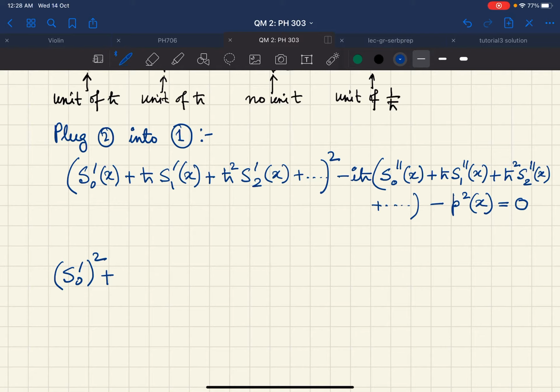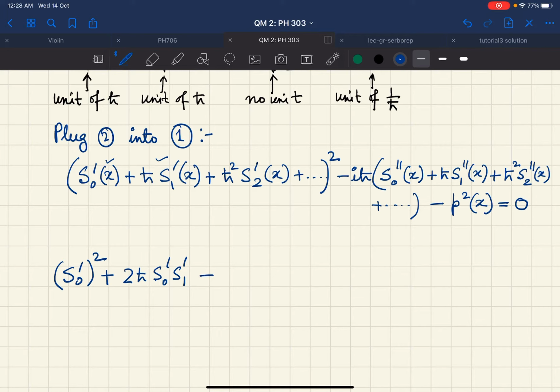plus, from this whole square, there will be another term of order h bar, that is the product of these two terms. So this is 2 h bar s0 prime s1 prime. Then there will be all the higher orders in h bar, which do not bother us.